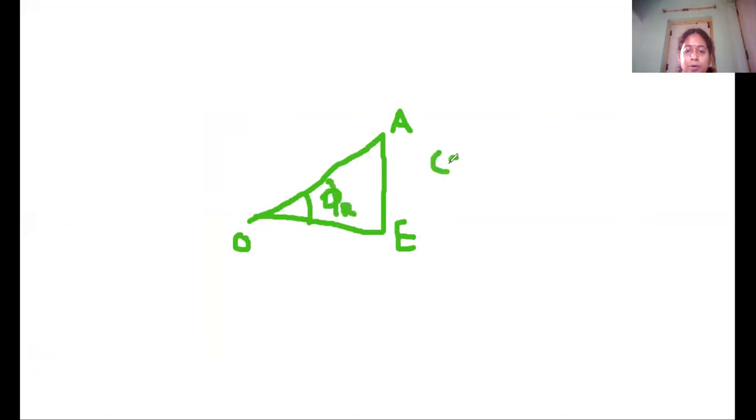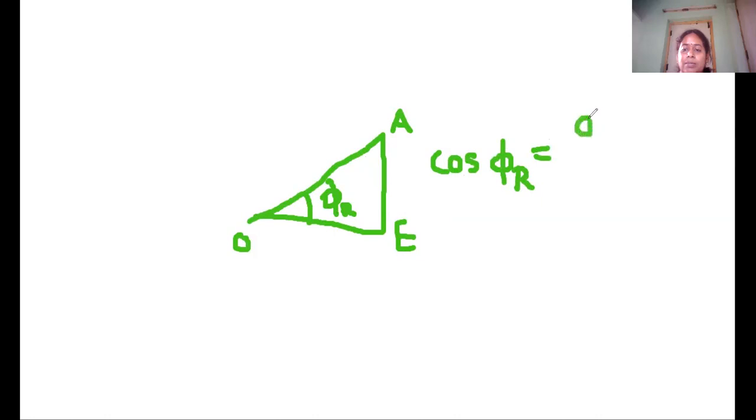So cos phi r equals, we know the formula, adjacent side by hypotenuse.